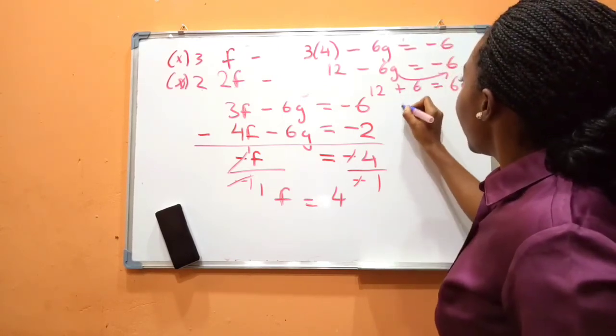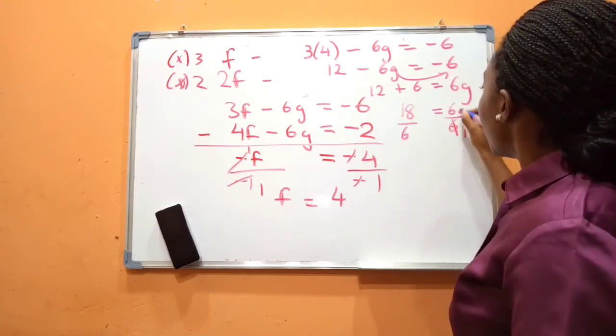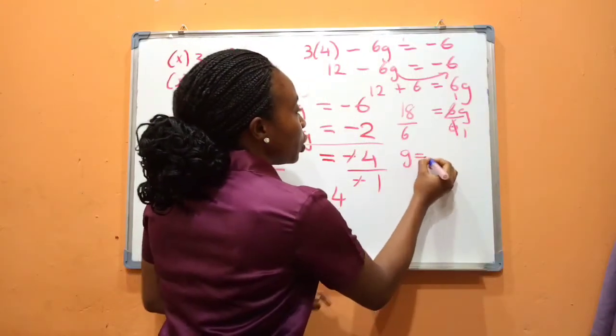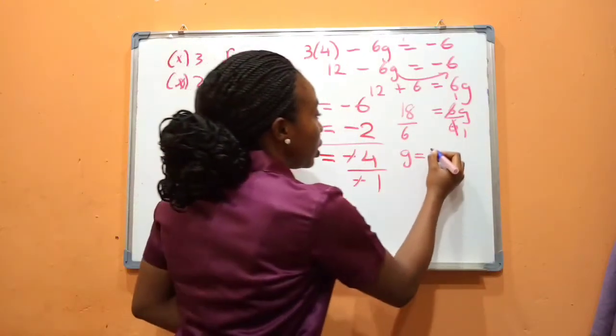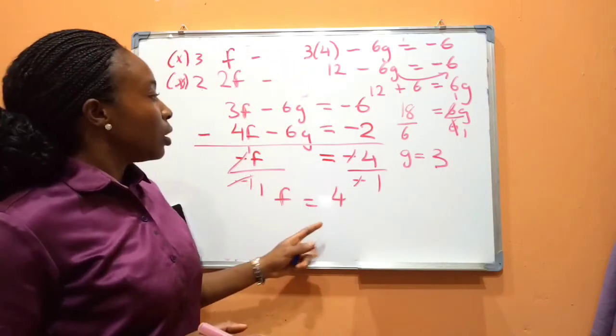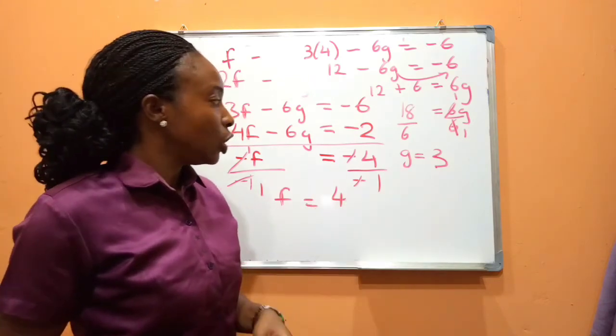So we have 18 equals 6g. 6 goes here 1, 6 goes here 1. Then g will be equal to 18 divided by 6 gives us 3. So we have succeeded in solving the question and getting the value of f and g.